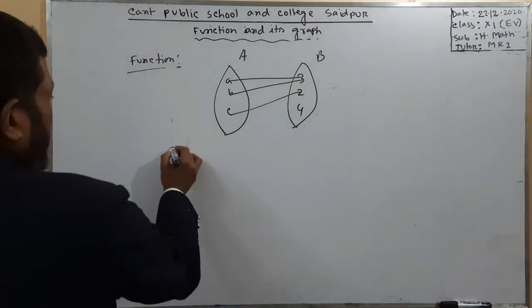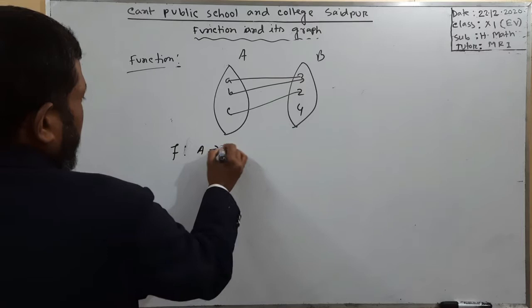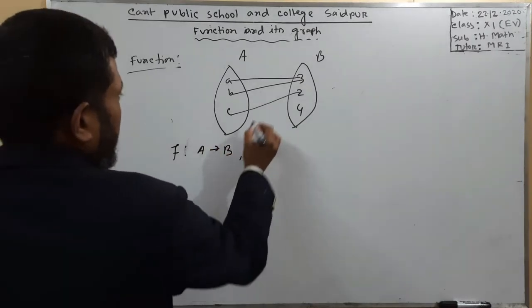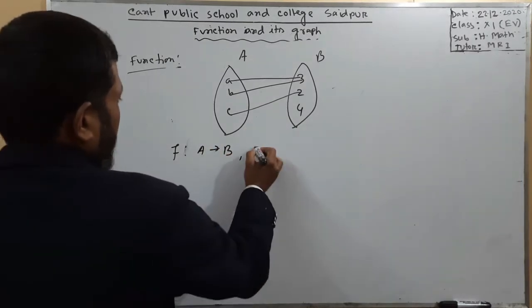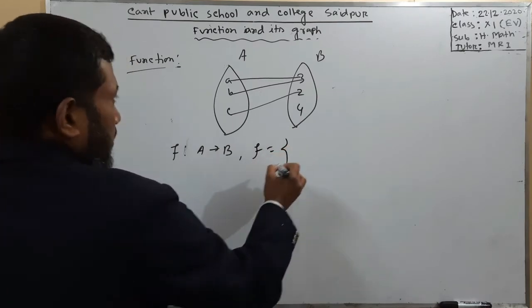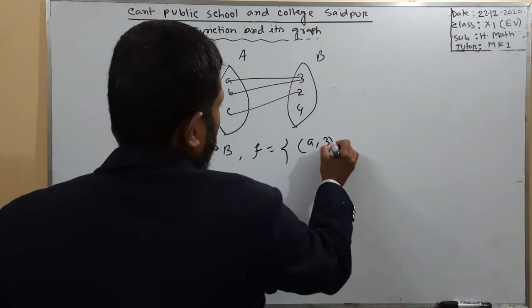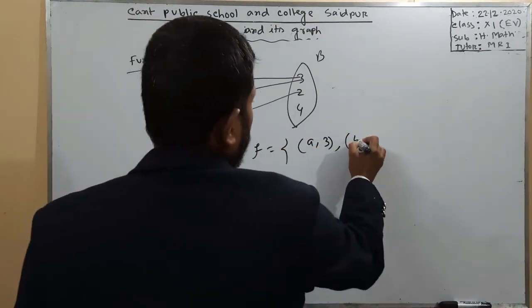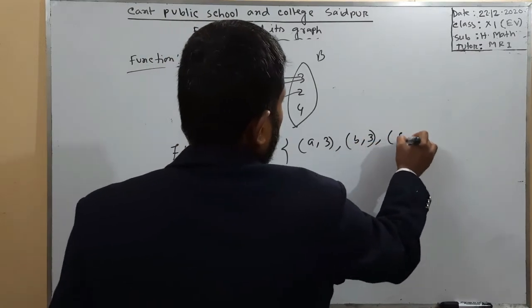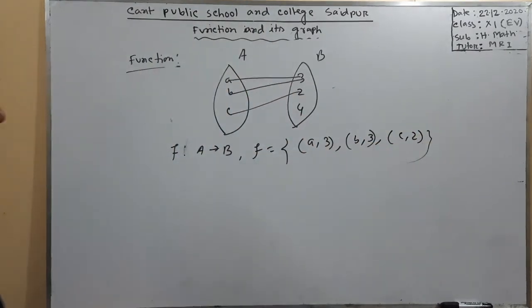This is a function. We can write f such that A tends to B. So f will be (a, 3), (b, 3), (c, 2). This is a function.